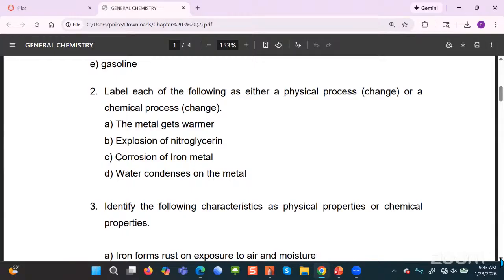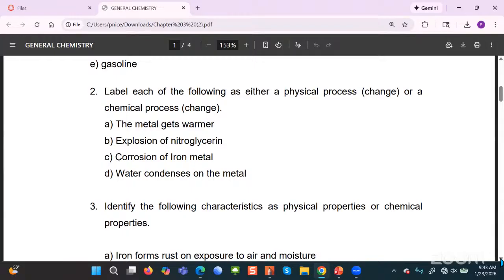That is called electrolysis. That's a chemical process because you're starting with one substance, water, and creating different substances, hydrogen and oxygen. So those are just some examples of physical and chemical changes. With that said, let's look at number 2A.